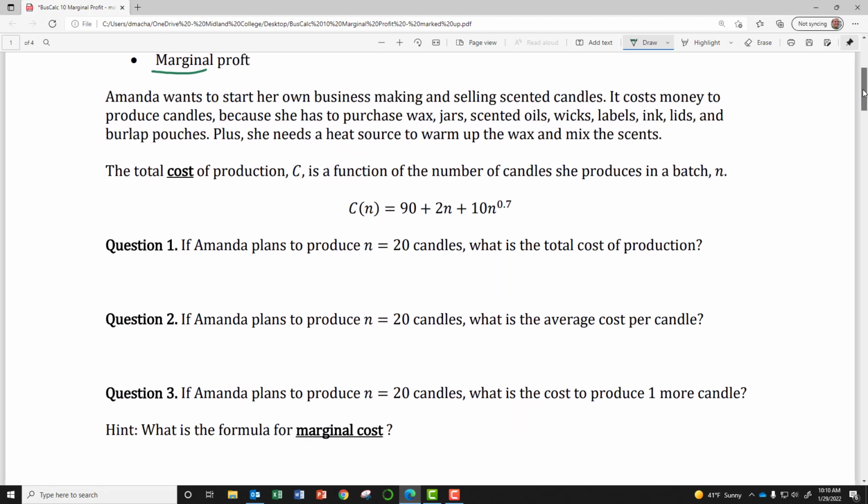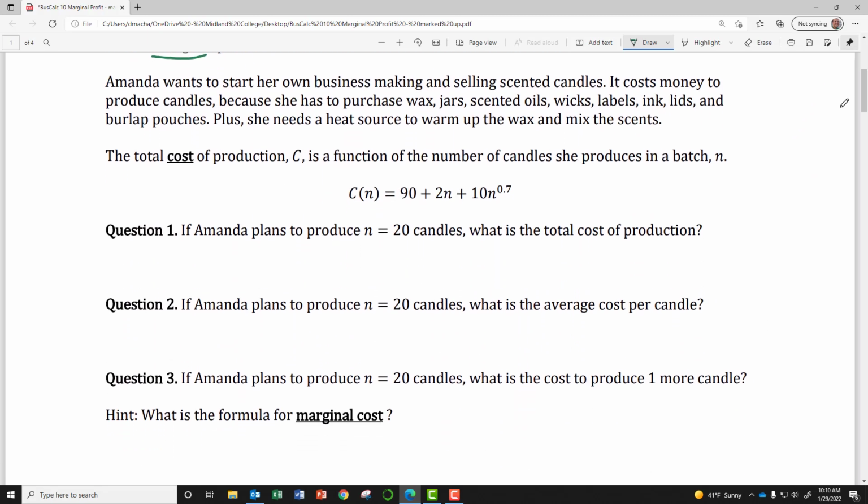Our example. And this is going to be a long example. We're going to stick with it the whole video. But our example says, Amanda wants to start her own business, making and selling scented candles. It costs money to produce candles because she has to purchase wax, jars, scented oils, wicks, labels, ink, lids, and burlap pouches.